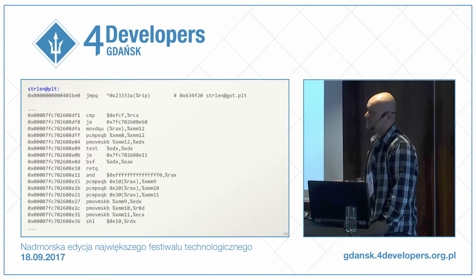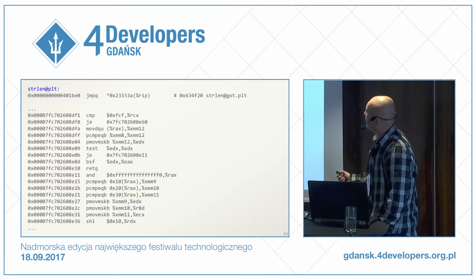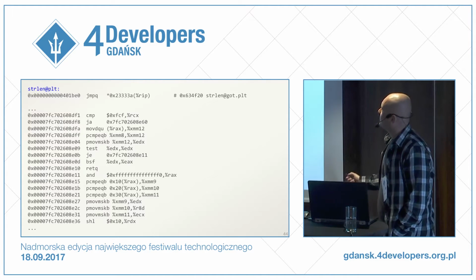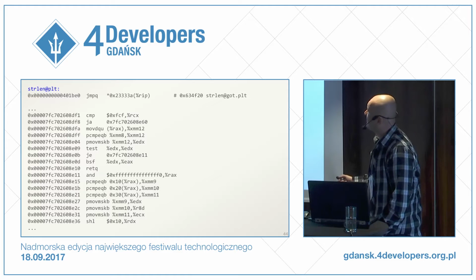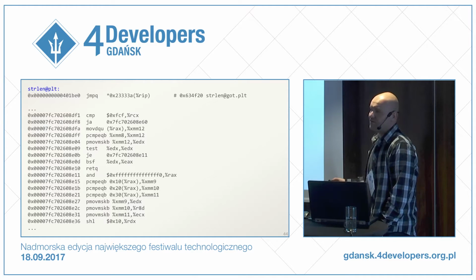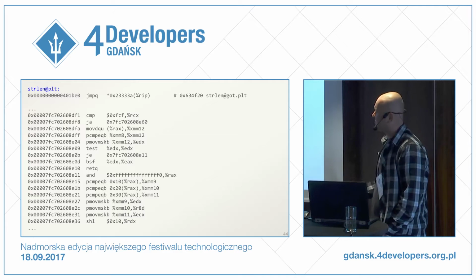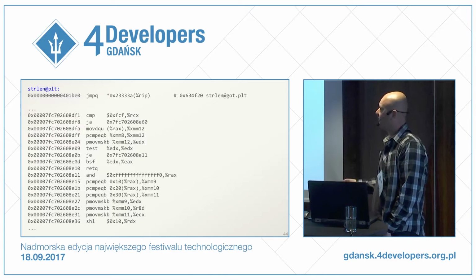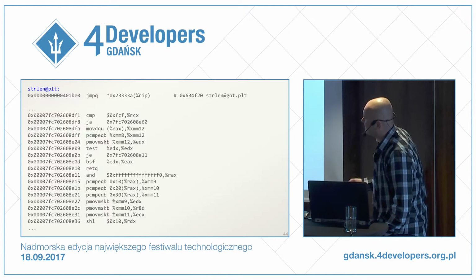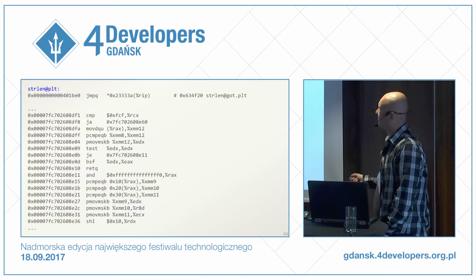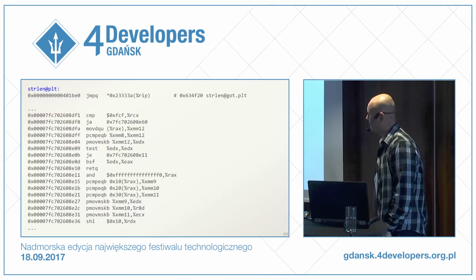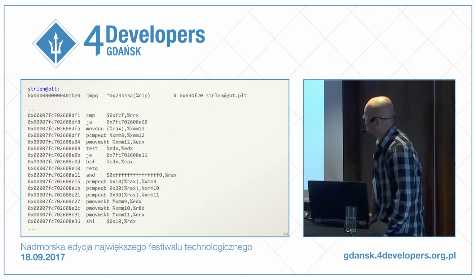This is how strlen looks in GCC. We have the PLT entry, which is the procedure linkage table, which is patched during execution by the dynamic linker. So if you call strlen, you will receive the best possible implementation on your platform. And this is only a fragment of the strlen code. I'm not sure what is happening here. Actually, the last time I was programming in assembler was in the late 90s, I guess.